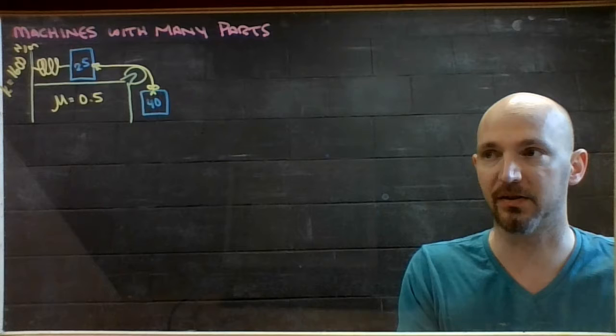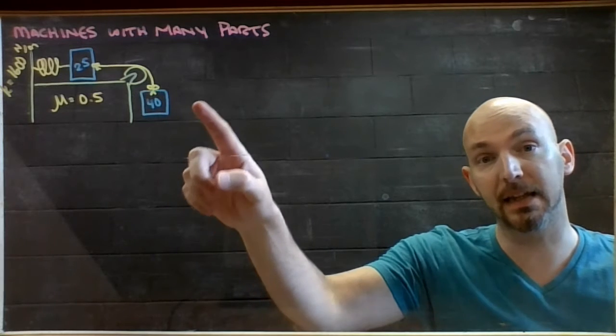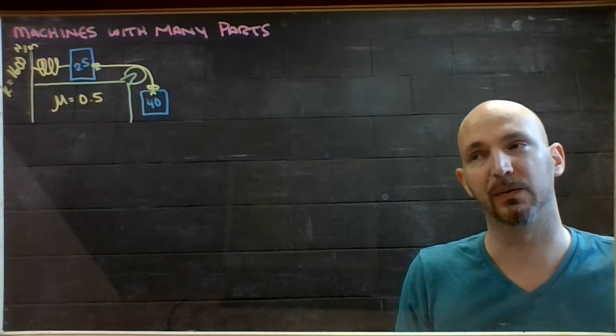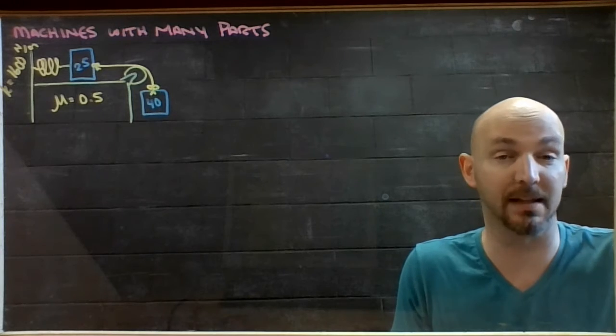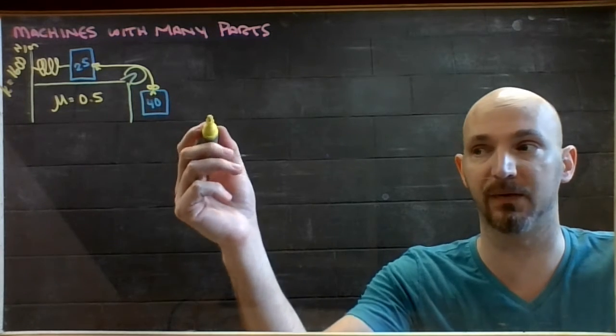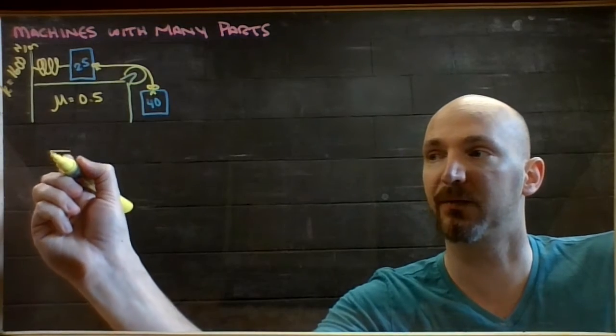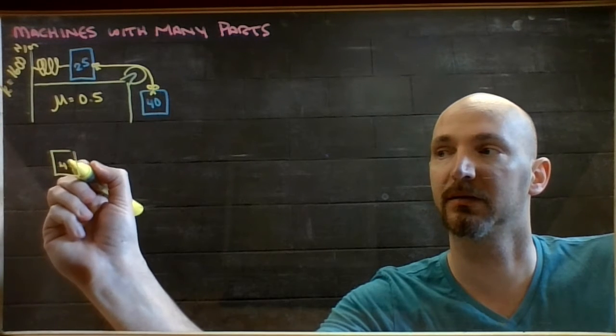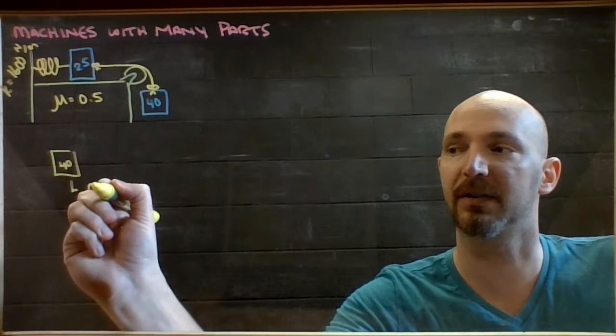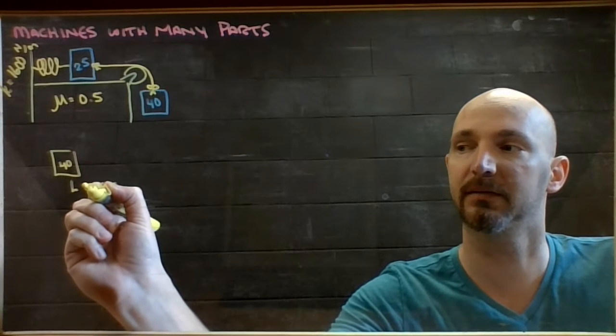Now, if I just start going through the list, I see a thing that's hanging here. Something that's hanging, or something that has mass anyway, is going to have a force of gravity. So I've got my 40 kilogram block, and it is experiencing a force of gravity that way.